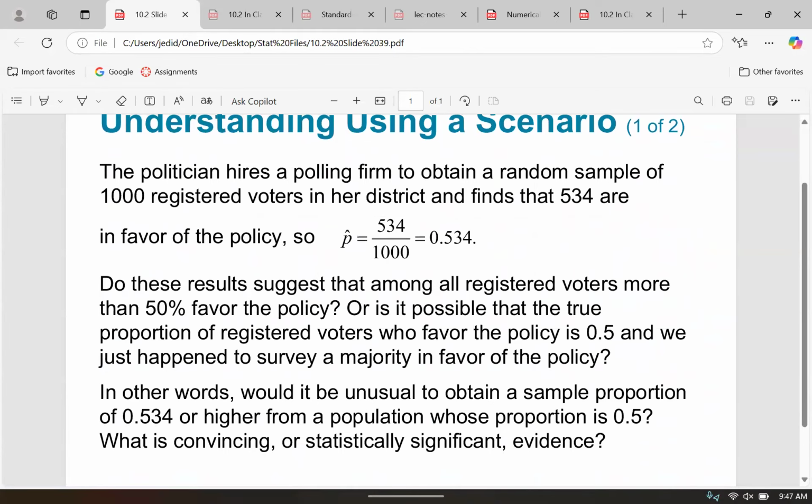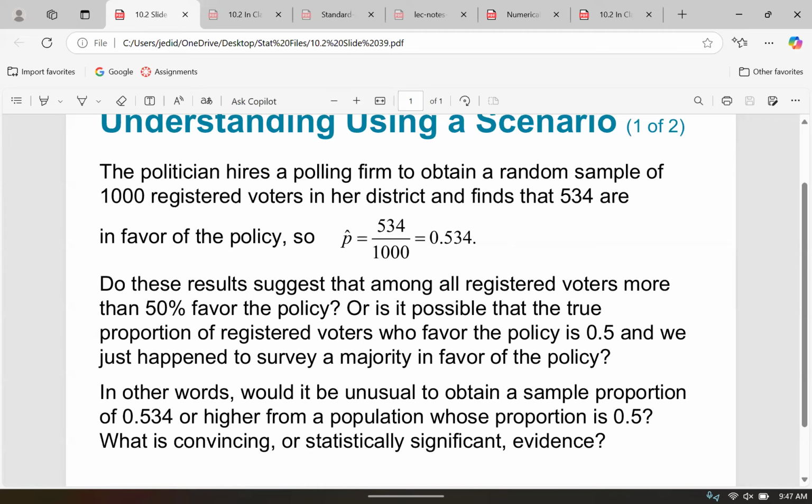So we have a politician who hires a polling firm to obtain a random sample of 1,000 registered voters in her district. She finds that 534 are in favor of the policy. We get our sample proportion, 534 divided by 1,000, 0.534.